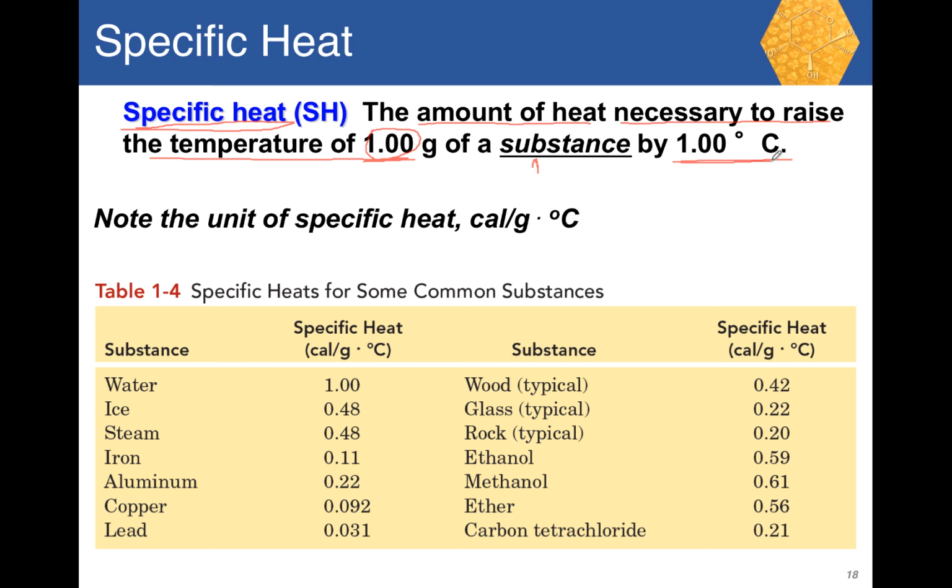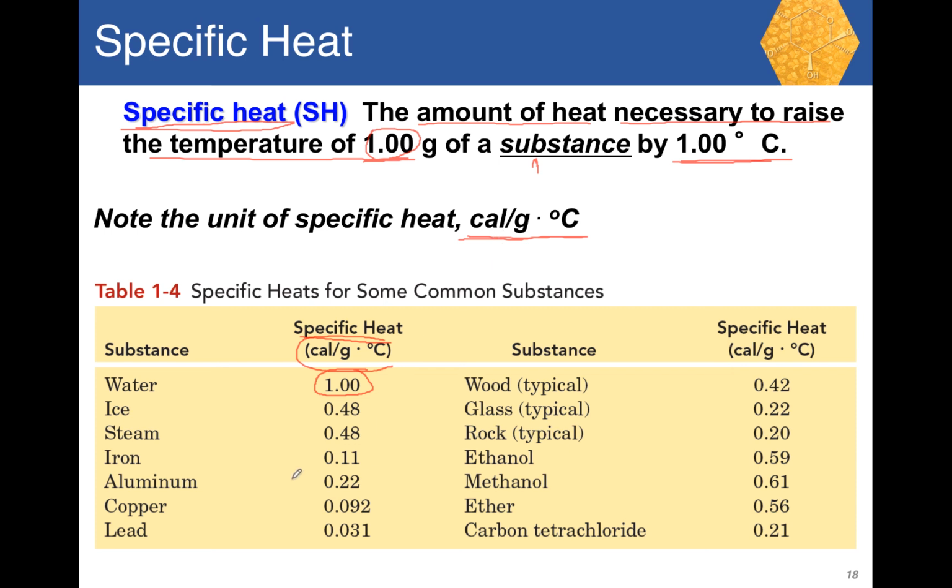And that is a measurable quantity. It turns out to be 1. So that is a physical property of water. The specific heat of water is 1, notice the unit, calories per gram per C, because that's how it's defined.